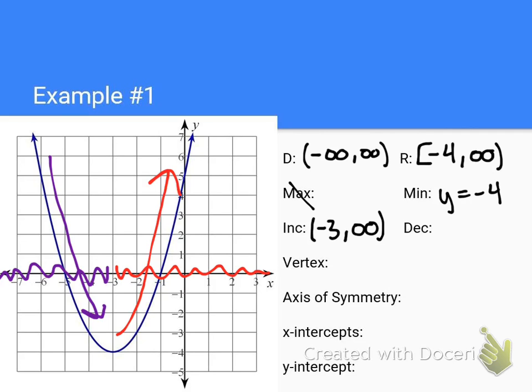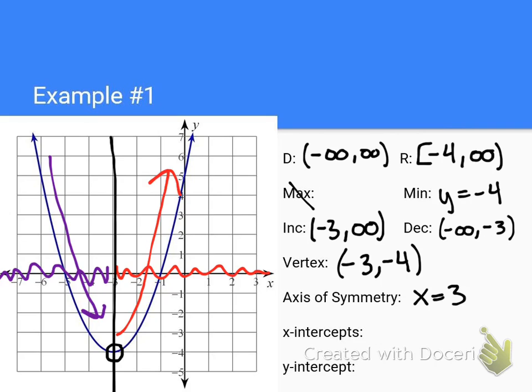So that is going to correspond to these x values in purple, which gives me the interval negative infinity up to negative 3. Okay, my vertex is going to be the minimum point of this graph, so that's negative 3, negative 4. And the axis of symmetry cuts through that vertex, right, in a vertical line, so I have x equals negative 3. Sorry, it should be negative 3.